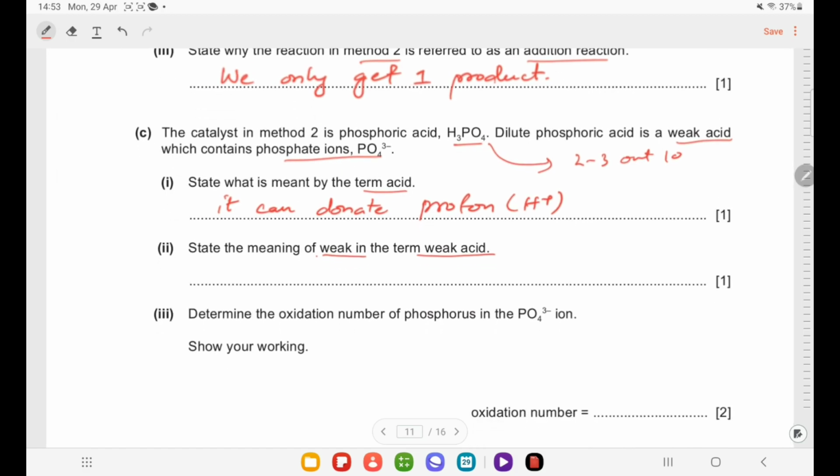Remaining molecules would stay as phosphoric acid in this form. So a weak acid is an acid that partially dissociates into its ions.